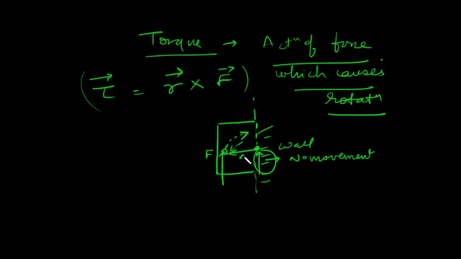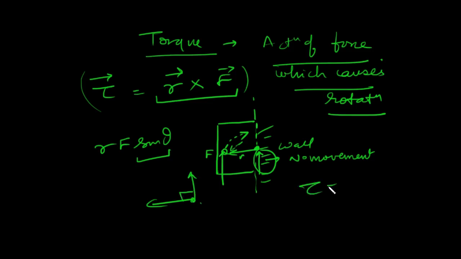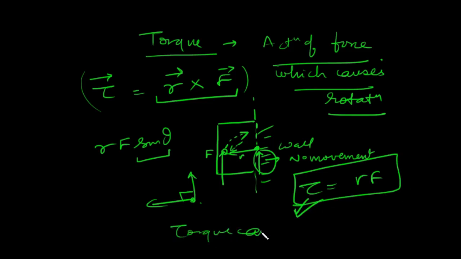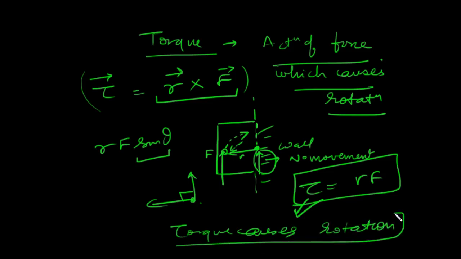This is R. Due to this R, a torque is produced. The basic formula of torque is R cross F, so R F sine theta, where theta is the angle between R and F. Here the angle is 90, so torque will be equal to RF. This is the magnitude of torque, and the body moves. In general, torque causes rotation.